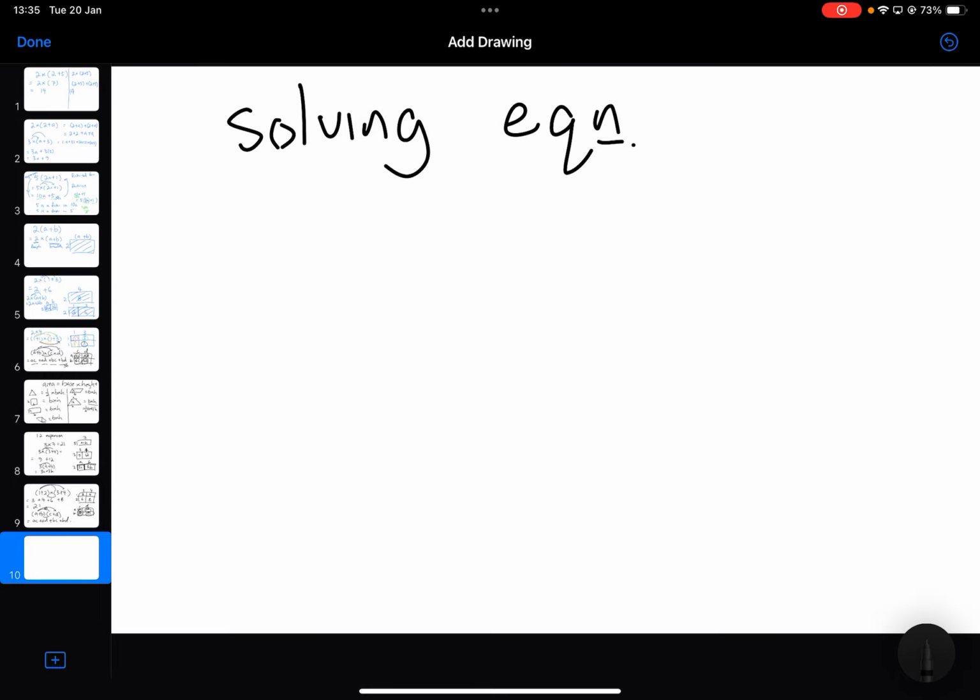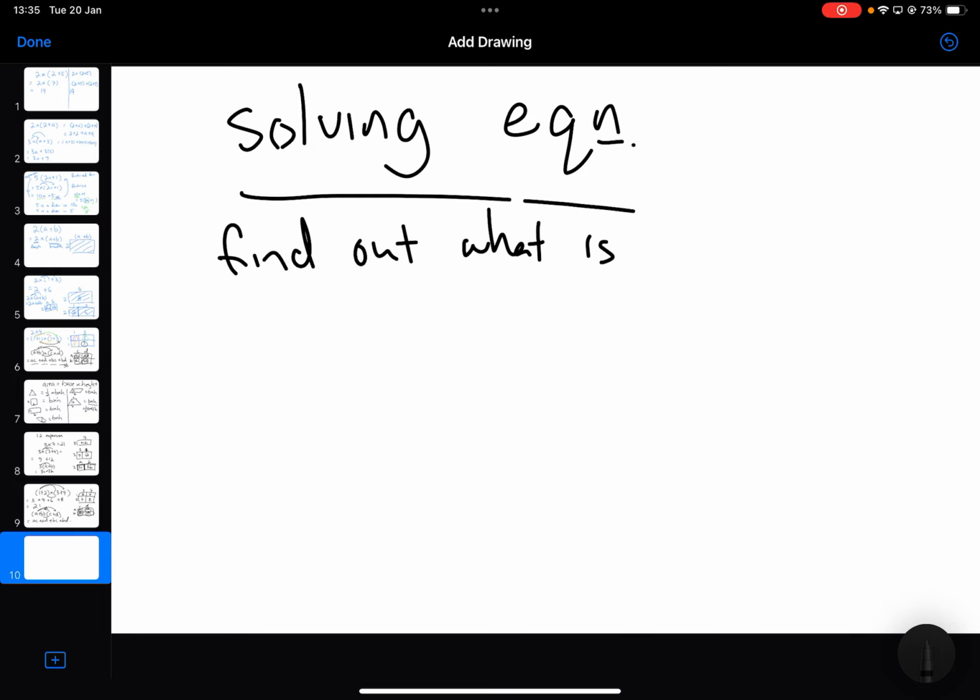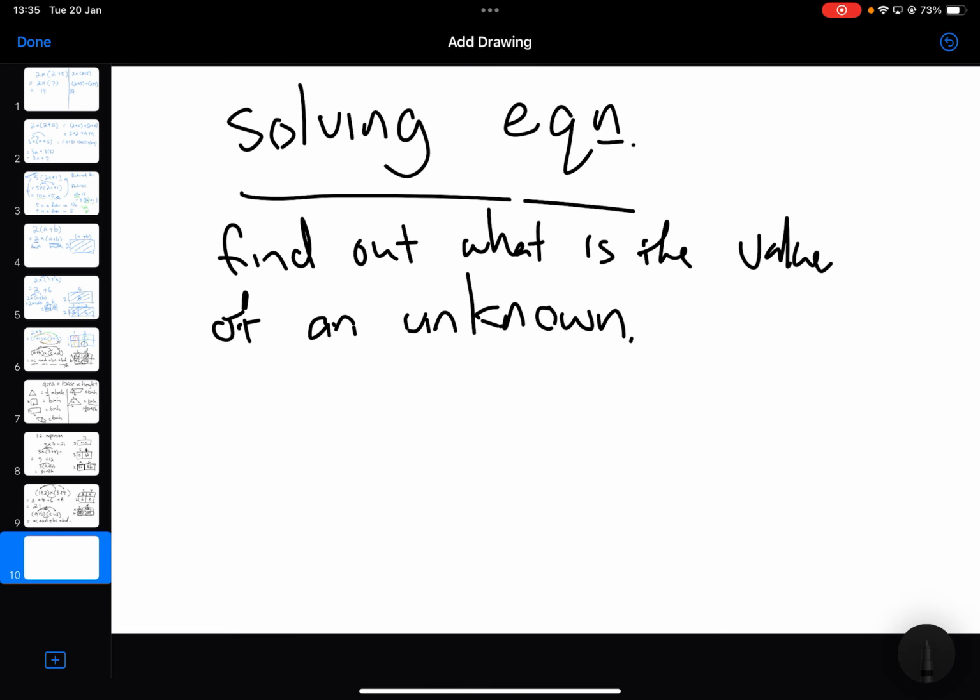Okay. I want to solve equation means I want to find out what is the value of an unknown. But I won't, out of the blue, suddenly know what is the unknown.